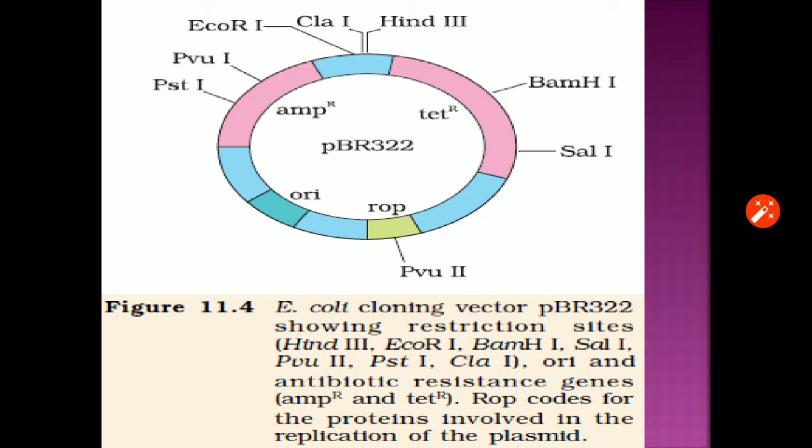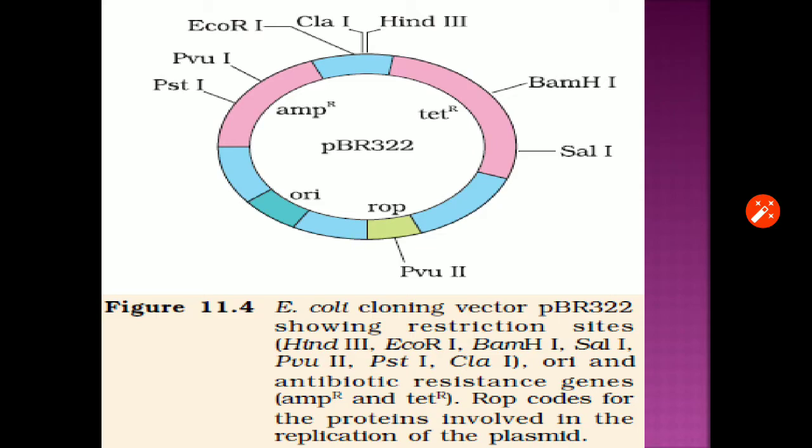Now some of the vectors will get killed, those which have lost the property of ampicillin resistance, and those which have this property or the inserted gene will survive. That means there we will get only those vectors which have the inserted desired genes.